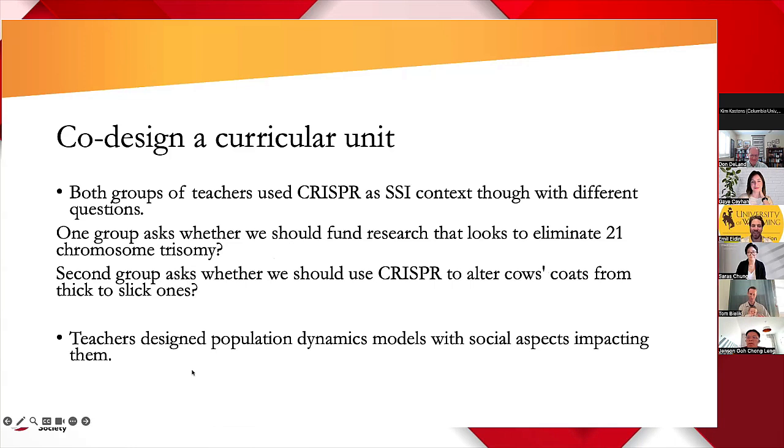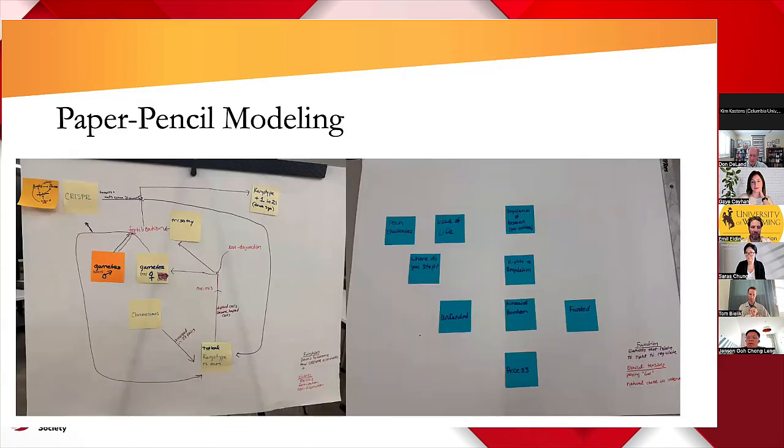Teachers designed a population dynamics model with social aspects impacting it. So here's the flow of how we did that. First, teachers built a paper-pencil model, as research shows that paper-pencil models can be a good support for computational modeling.